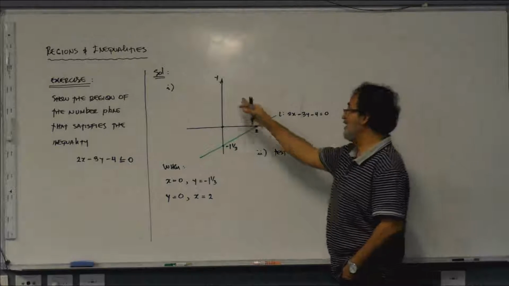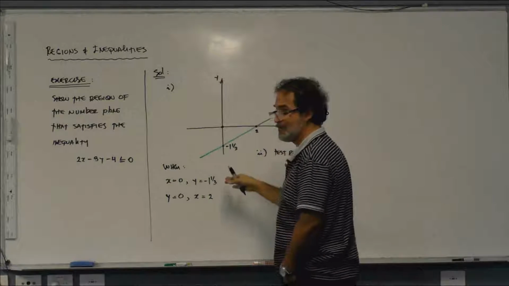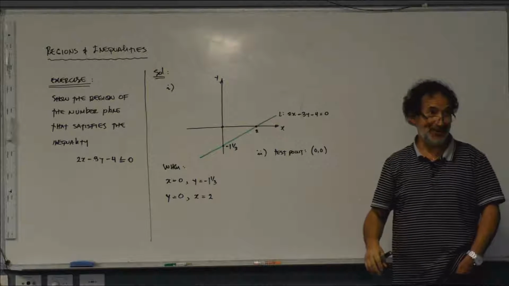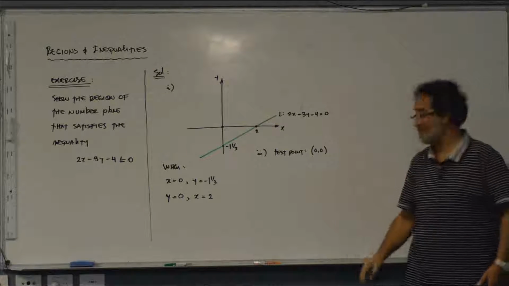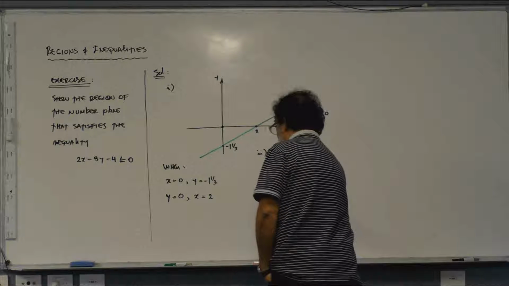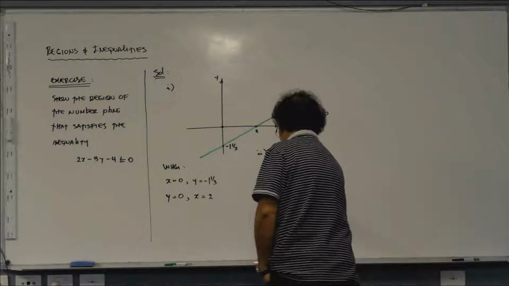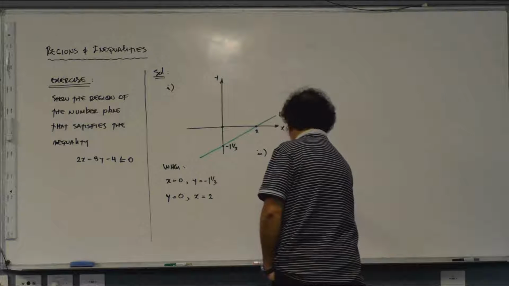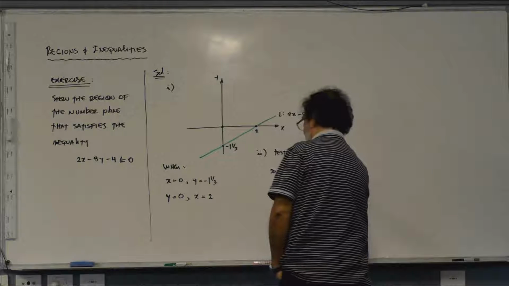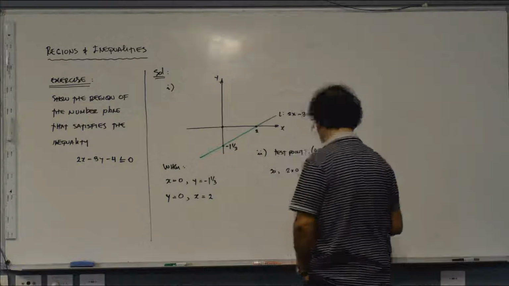So you're going to pick always a point along the axis. Believe me, some people do so, but not at that extreme. Okay, and then we're going to substitute. So 2 times 0 minus 3 times 0 minus 4.